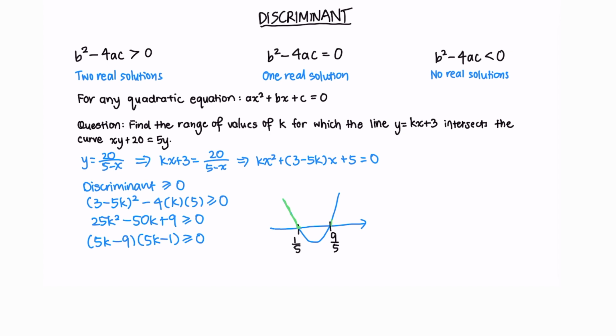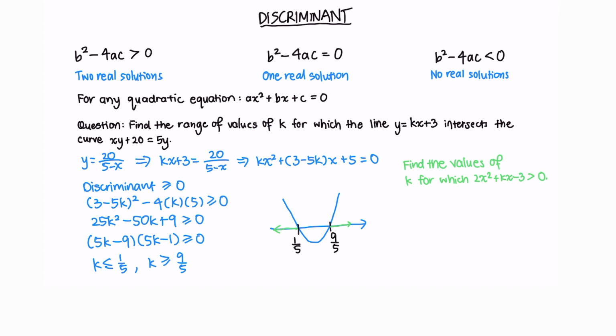For this part and this part, the quadratic is more than or equal to 0. So the corresponding k values will be k is more than or equal to 9 over 5 or k is less than or equal to 1 over 5. And so that's the range of values of k that we're trying to find.